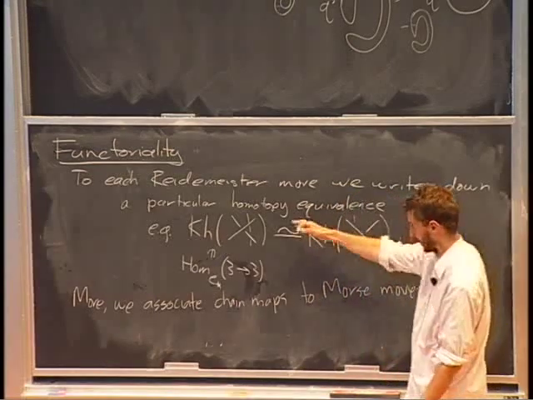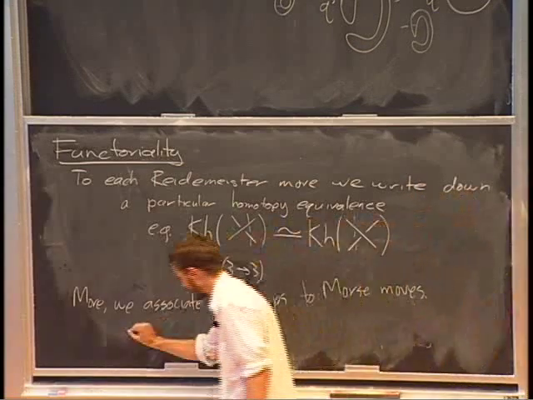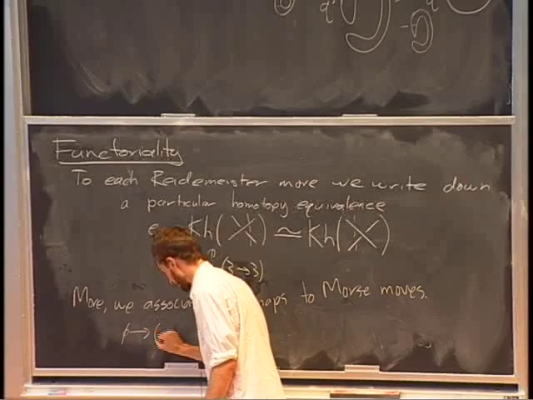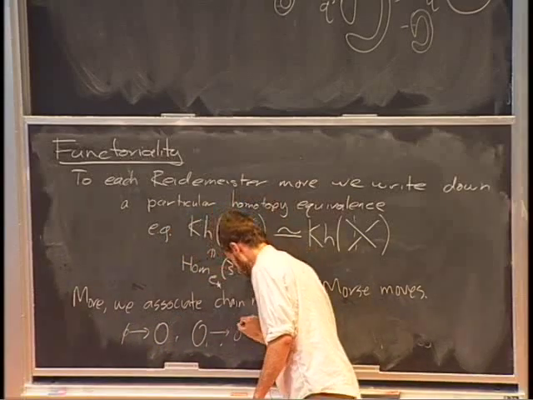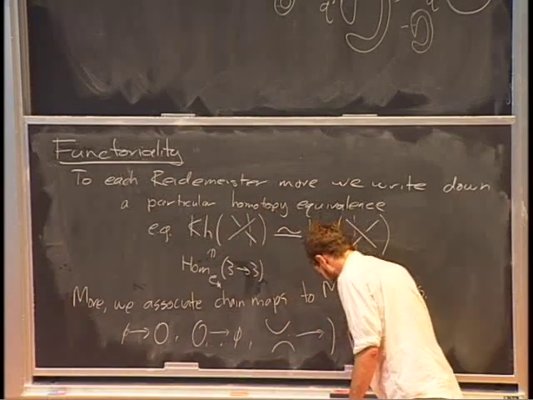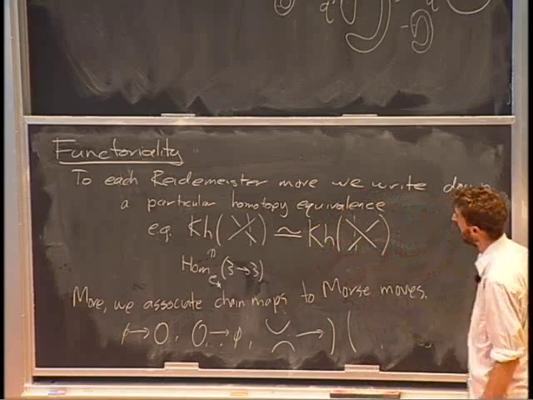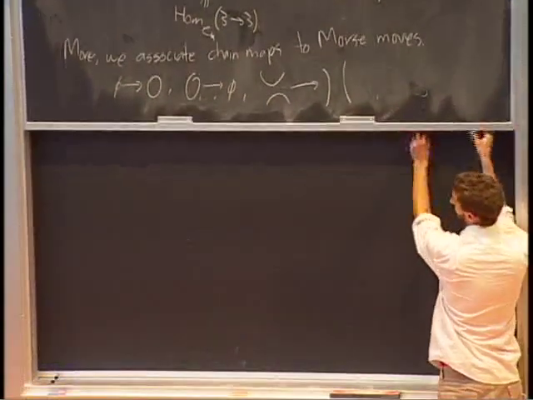Here it's complicated, you've got to go and write particular things down. But here it's sort of obvious. Let me just say what I mean by Morse moves. Well, these are cobordisms of links where you create an unknot, where you kill an unknot, or you do a saddle cobordism somewhere inside your link. And I'll use this example to just show you what these chain maps are. They're nice and simple.